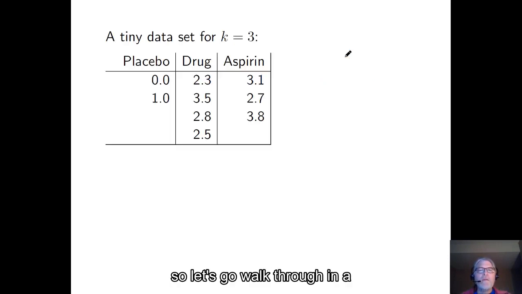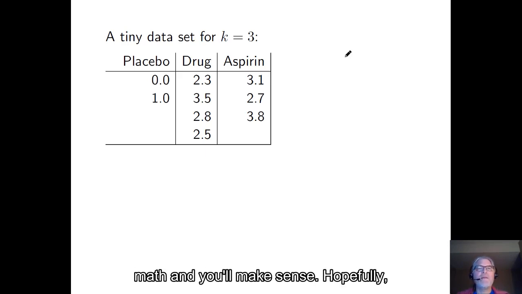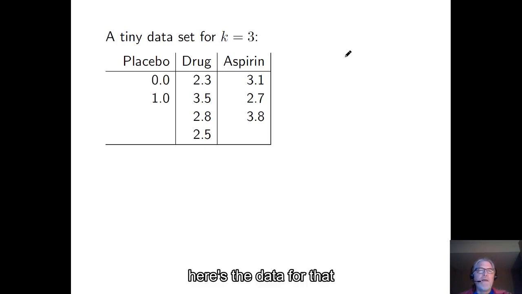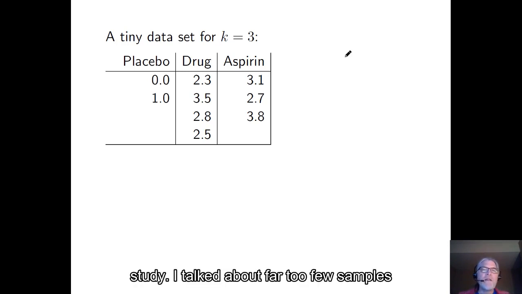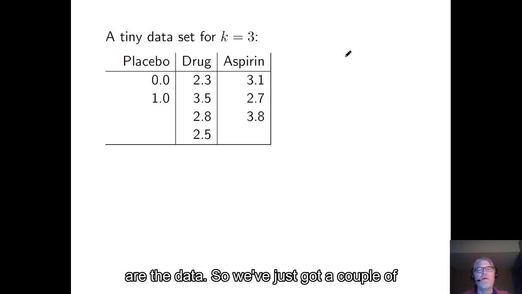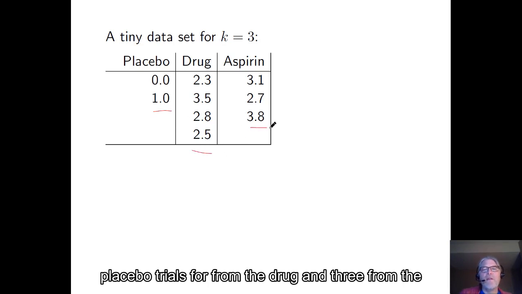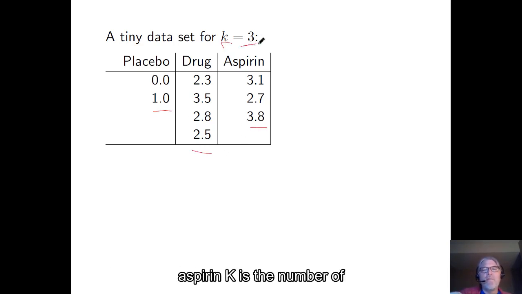Okay, so let's walk through a tiny example, tiny just so we can do the math and it'll make sense, hopefully. Here's the data for that study I talked about. Far too few samples, but here are the data. We've just got a couple of placebo trials, 4 from the drug and 3 from the aspirin. K is the number of categories, 1, 2, 3 here.